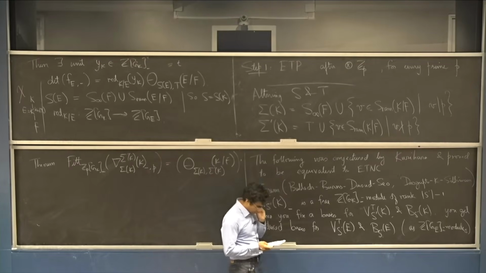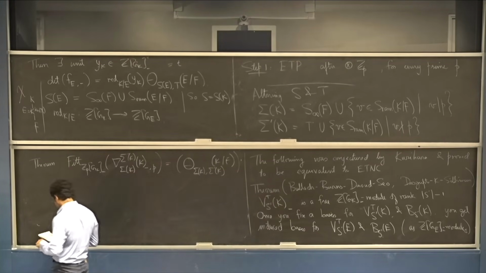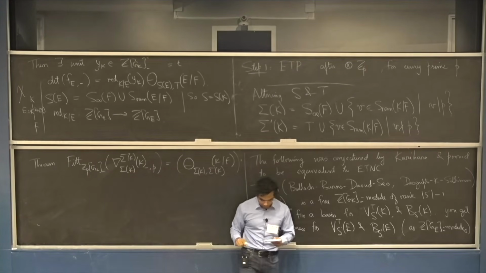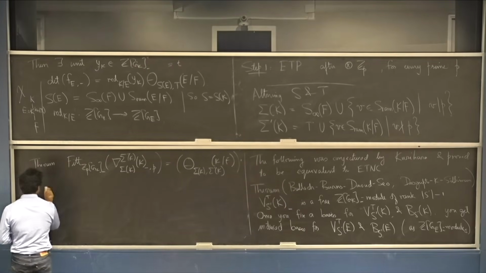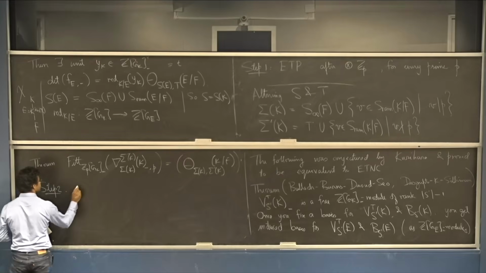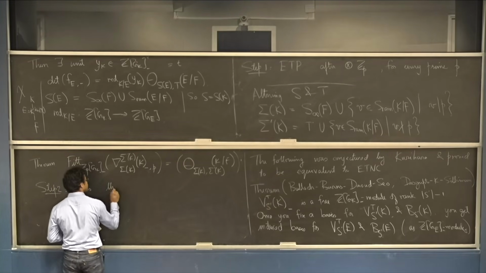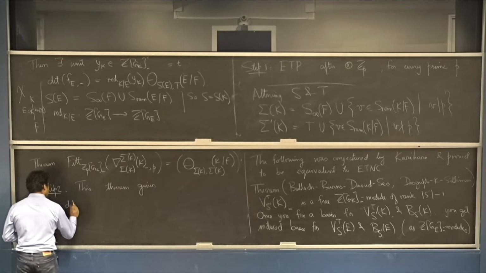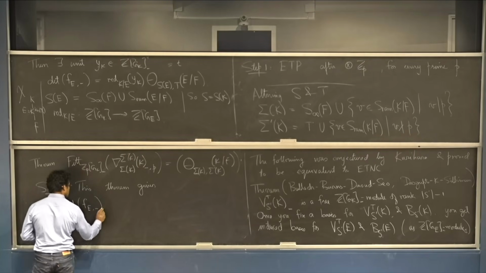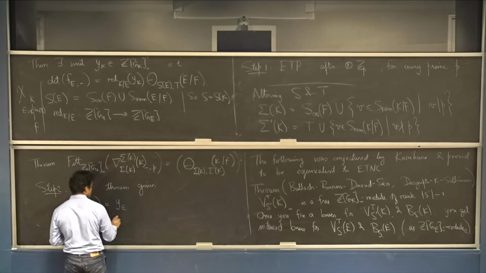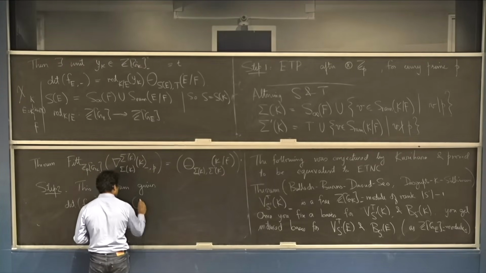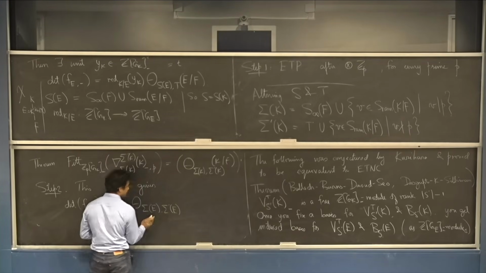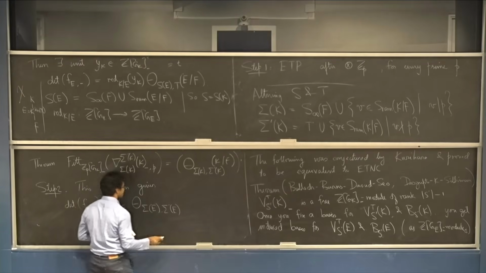I have chosen a basis of V and B over K, and then I take the induced basis over E. So this theorem gives, step 2, for some unit, and now my T is also changing, so I have to be careful.